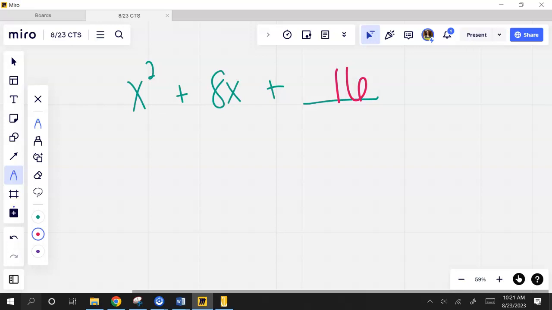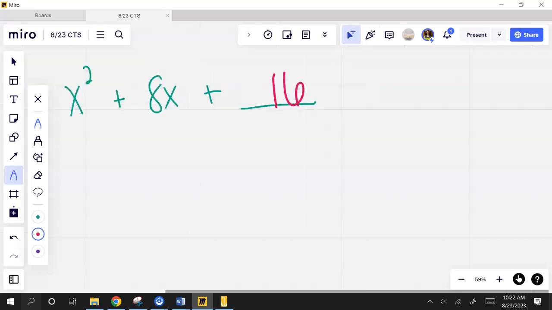I'm going to go over a little bit of that. It says 8/23 CTS on it, under the date of yesterday initially. Do y'all remember this? Yeah. You know what I'm talking about.